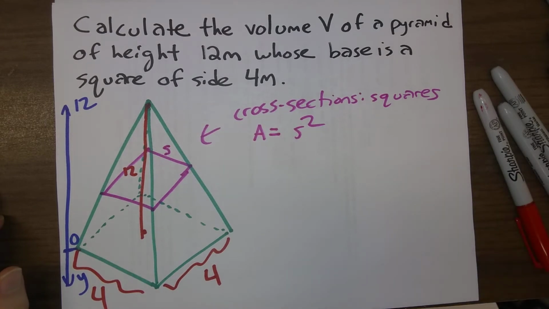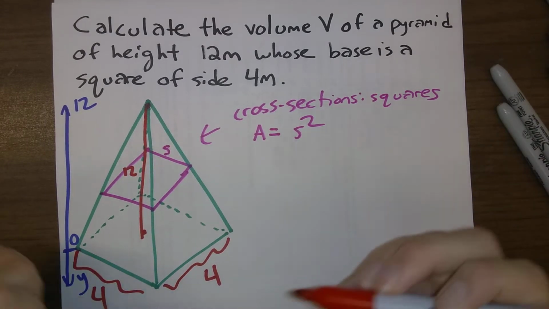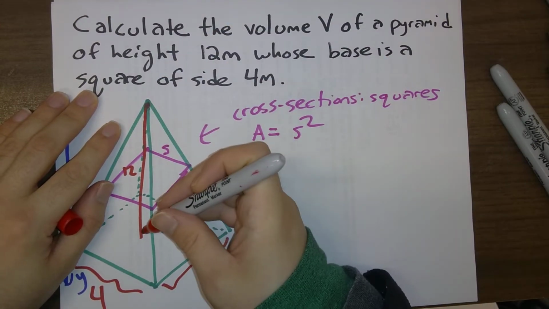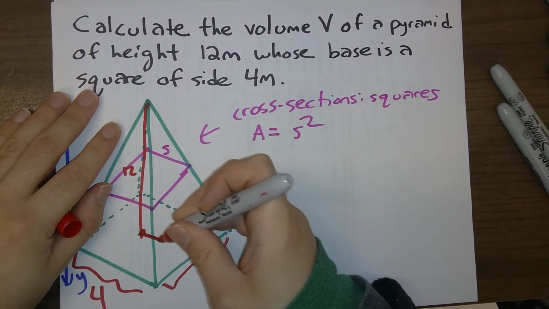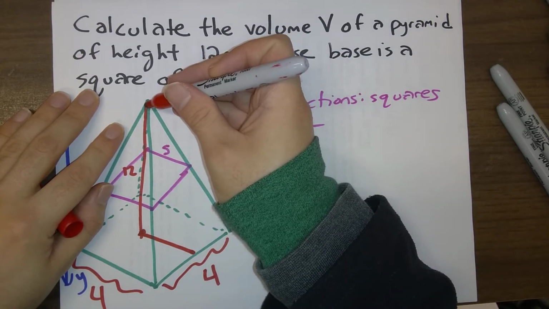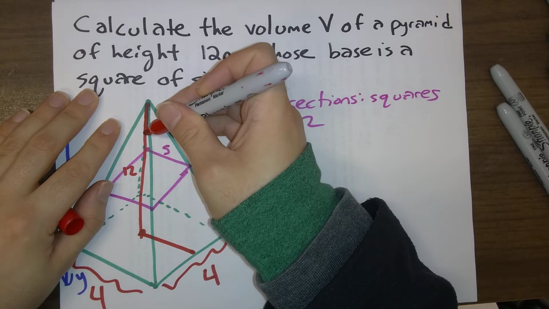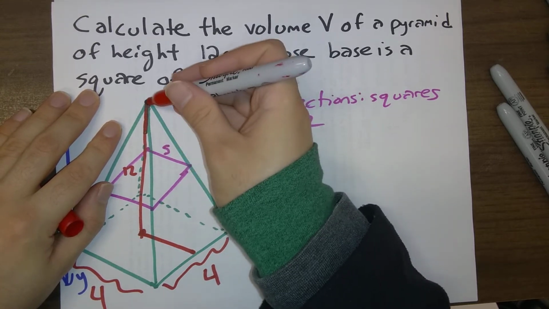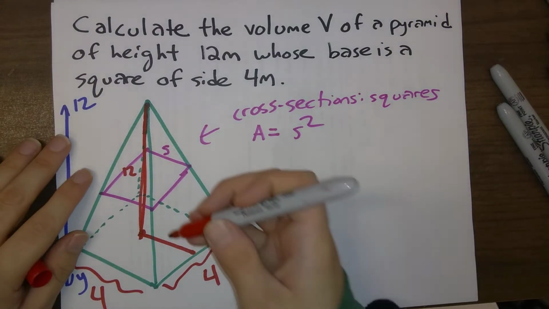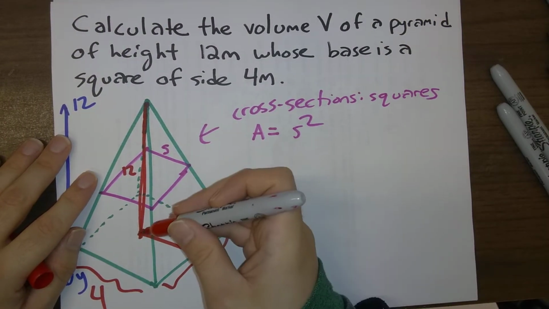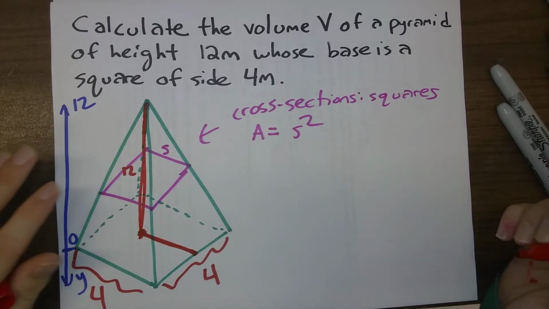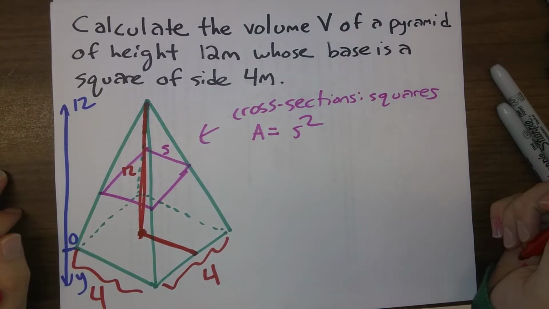And the way we're going to do that is using similar triangles. So I'm going to draw a triangle here, and in fact a couple of triangles. The big triangle has a height going from the apex down to the point right in the middle of the base. Then the second side goes from the point in the middle of the base to a point in the middle of one of the sides of the base.